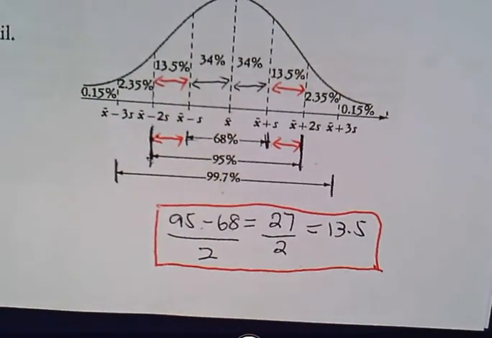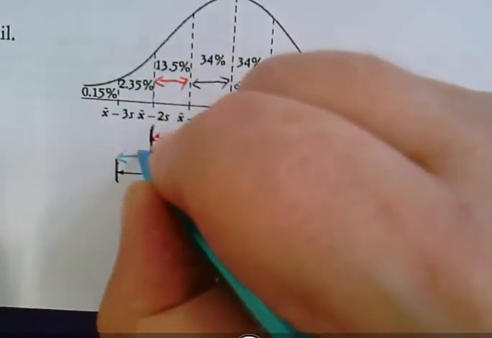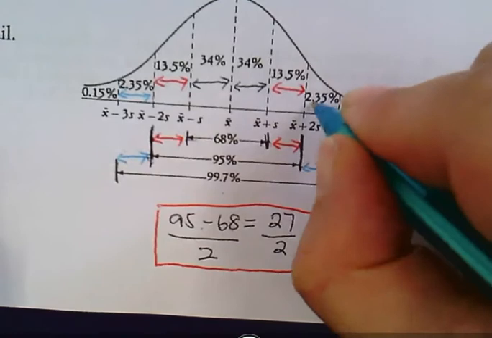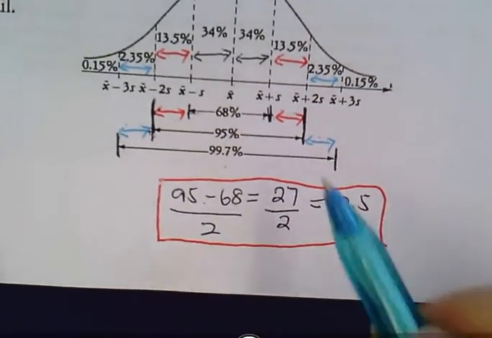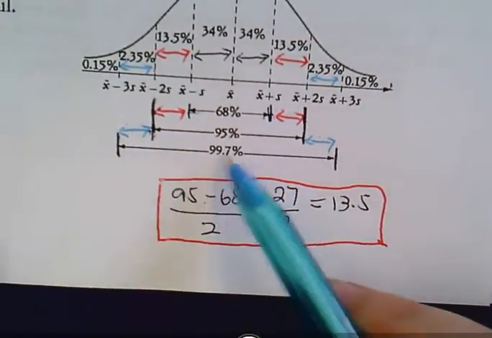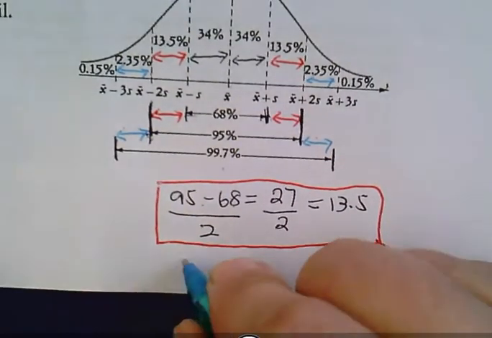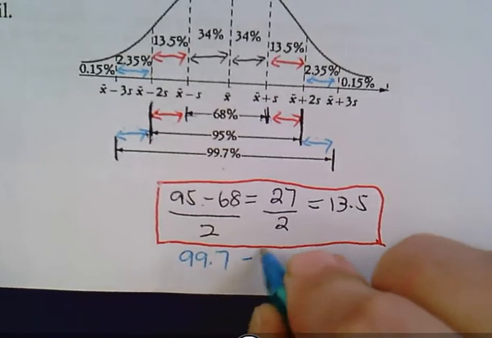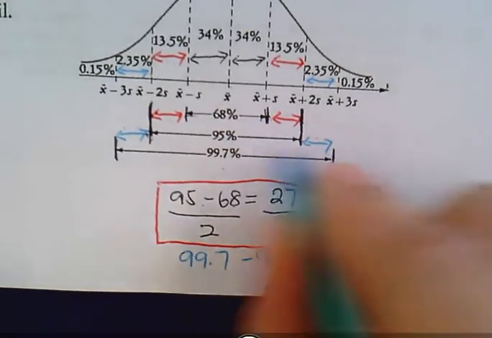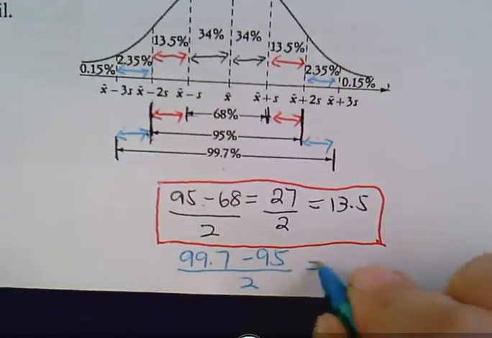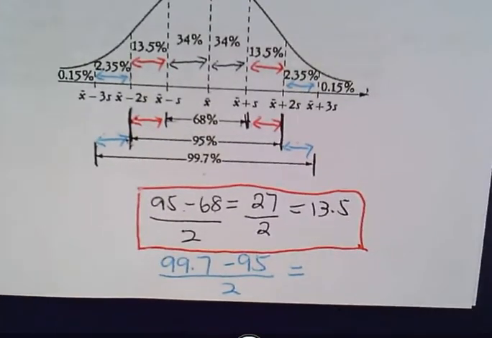Now, I want to work out the blue little bits, from there to there, same things. Aren't those little blue bits the difference between 99.7 and 95? I do 99.7 minus 95 will give me the 2 blue bits, divide it by 2 will give me 1 blue bit. Do you get that?